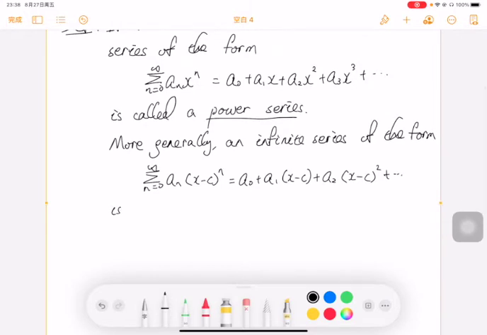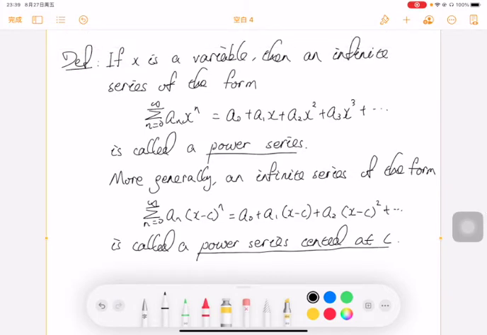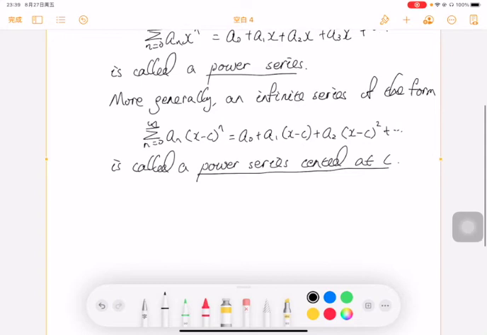This is a power series centered at c. So we can extend this standard definition to include an arbitrary constant c, and use this definition as a power series centered at c.